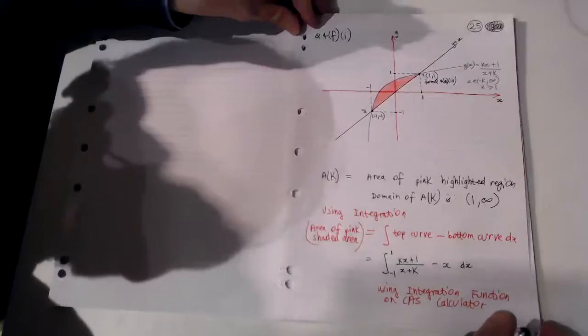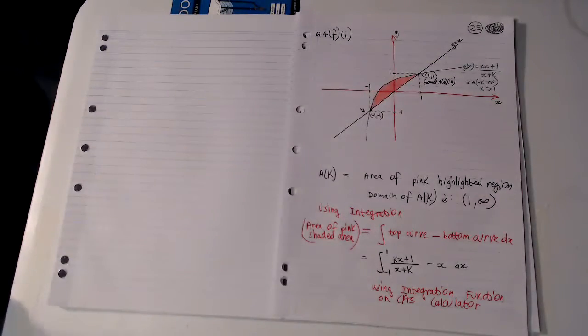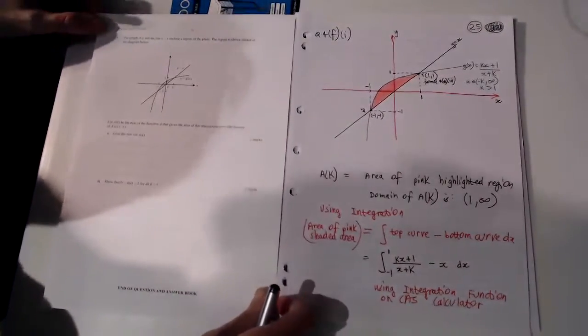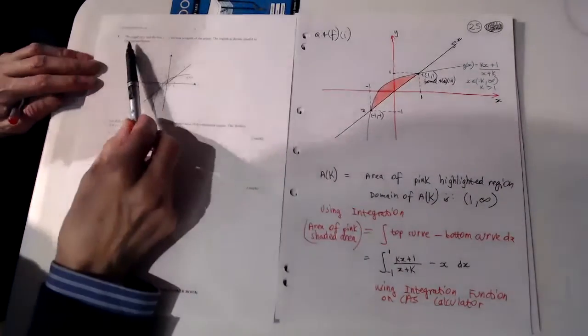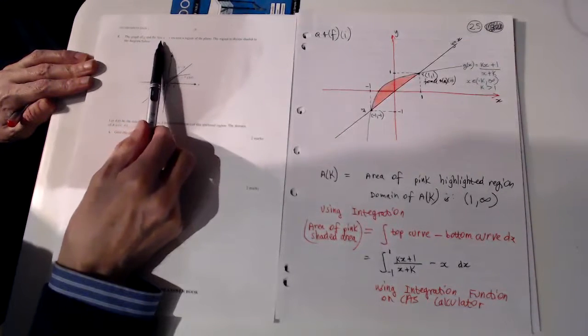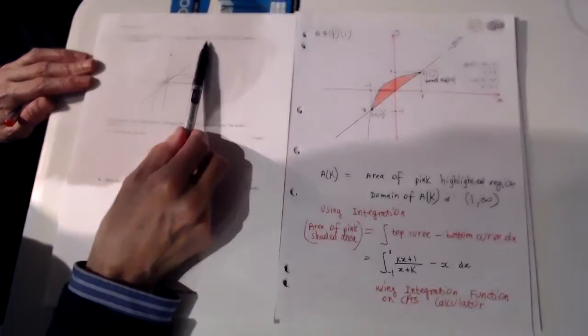Now we move on to the next question, which is question 4F. What is question 4F about? Now, 4F says the following. The graph of G and the line y equals x enclose a region of the plane.